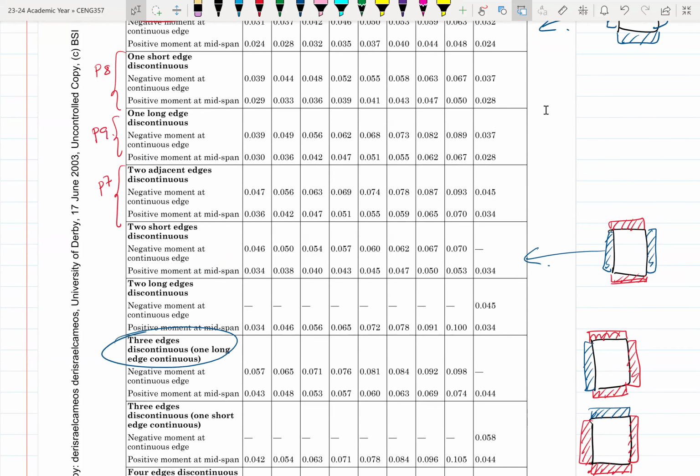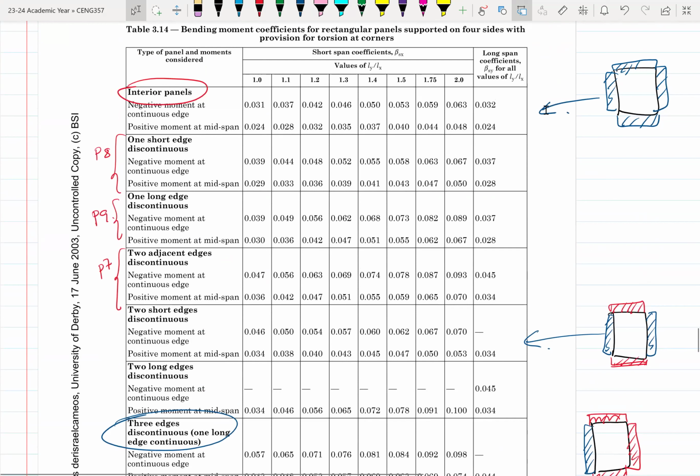That is very similar to that of the P9 that we had. All right, so we need our beta SX. So beta XX for one long edge discontinuous, what we are focusing on is the mid-span moment.